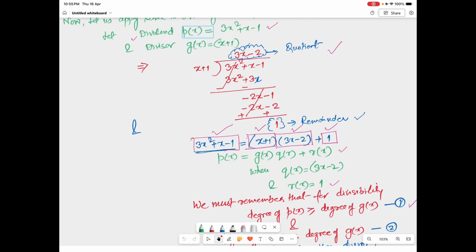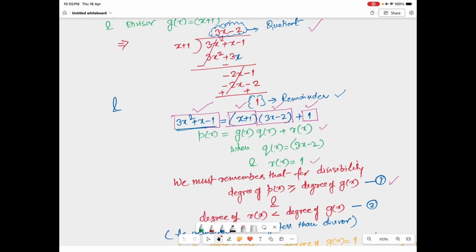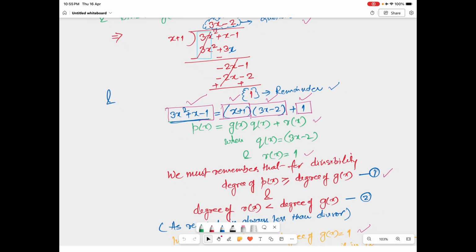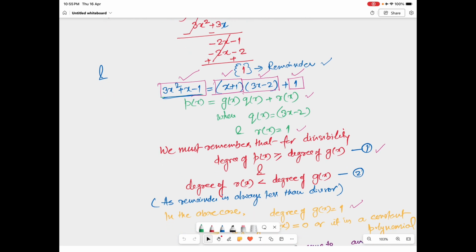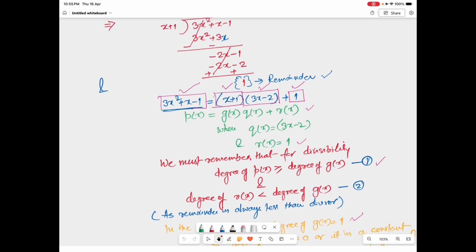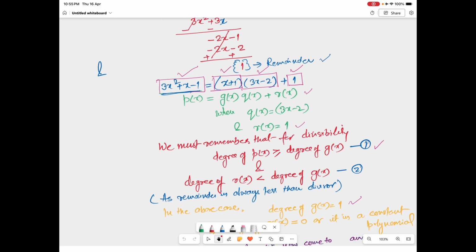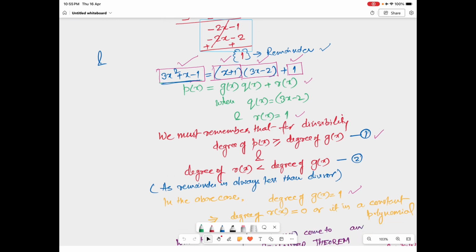Here we should remember that the degree of the polynomial g(x) will be less than or at the most equal to the degree of p(x), and the degree of r(x), because the remainder will always be less than the divisor, will also be less than the degree of g(x).